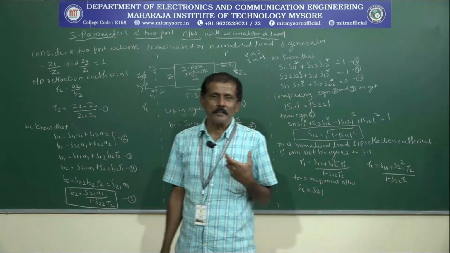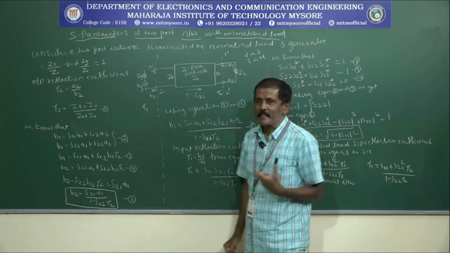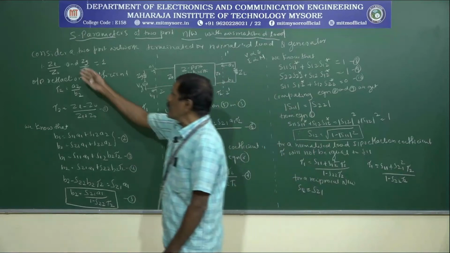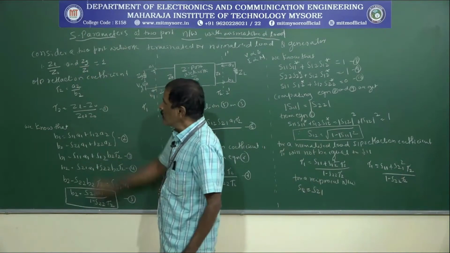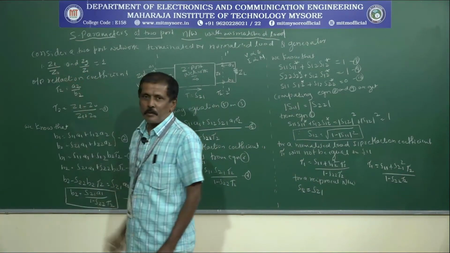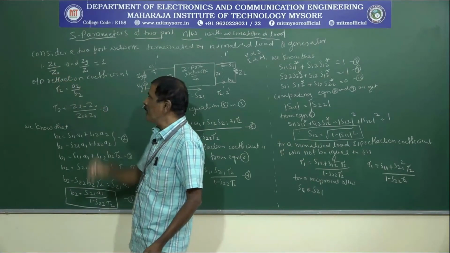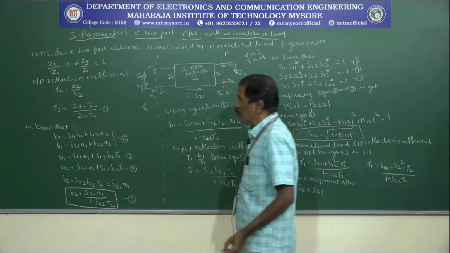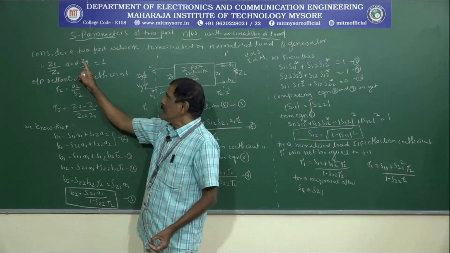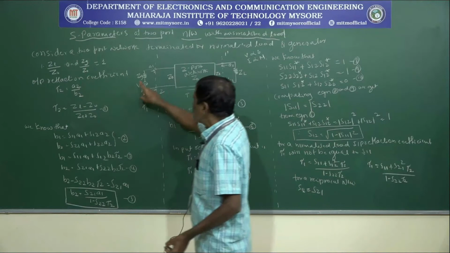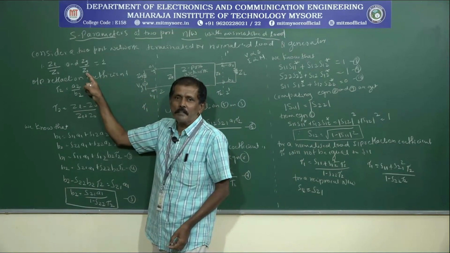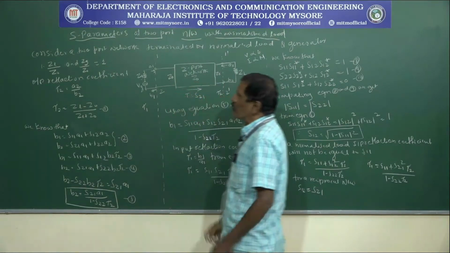Whenever a load impedance is divided by the characteristic impedance, we get the normalized load. Here we get two normalized values: ZL divided by Z0, that is load impedance divided by characteristic impedance, and Zg divided by Z0, that is generator impedance divided by characteristic impedance. This value is equal to 1.